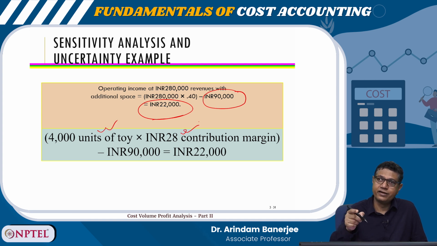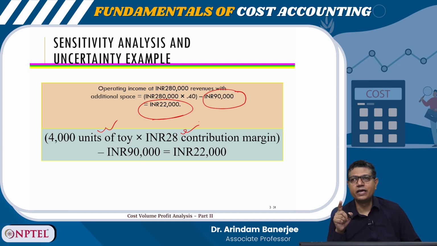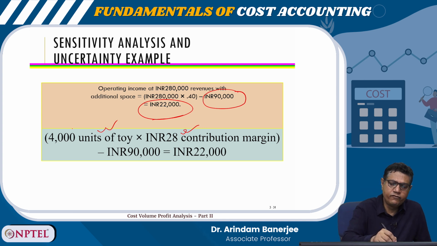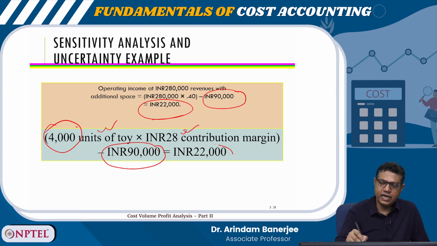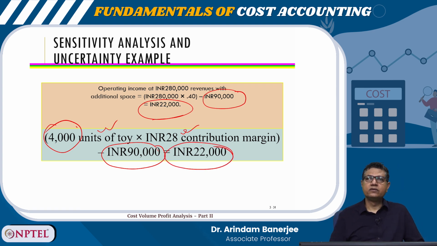The contribution remains the same because the sales price and variable cost per unit remain unchanged. What is changing is the sales volume, which is now 4,000 units, and my fixed cost has increased from 84,000 to 90,000. So, how much am I making? I am making 22,000. Fine.